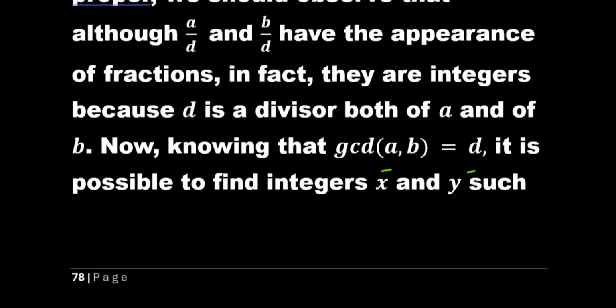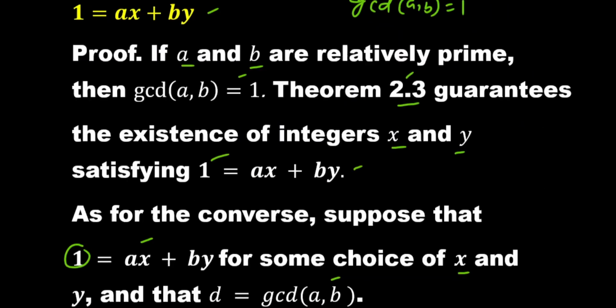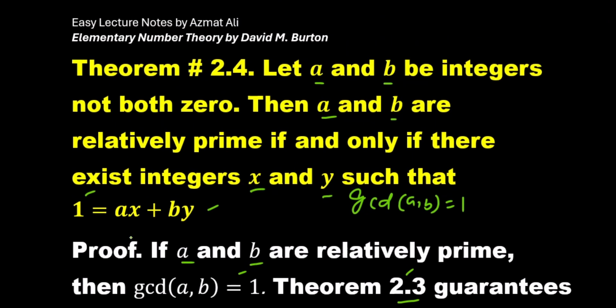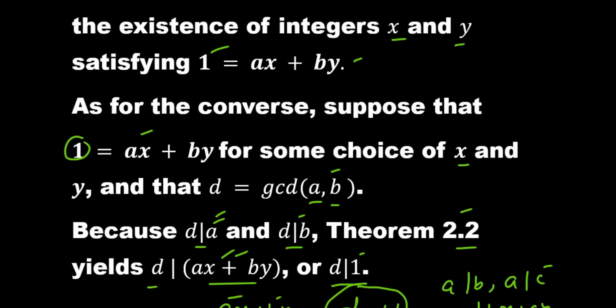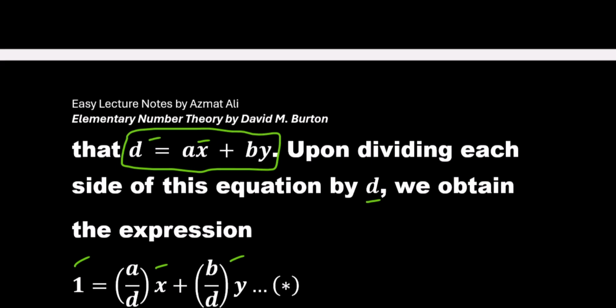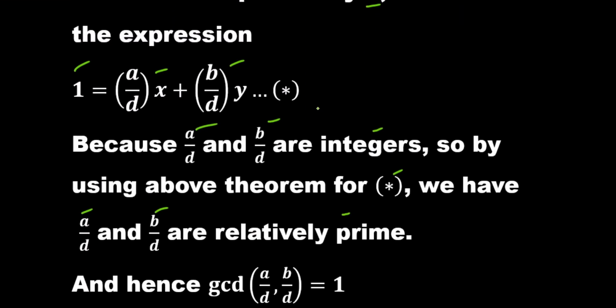What is the above theorem? In this theorem, we have proved that if a and b are relatively prime, then their linear combination is equal to 1. Now, if you use this theorem in this corollary, and particularly in the star, you can notice that this is the linear combination of a over d and b over d, and these both are integers, and the linear combination of a over d and b over d is equal to 1.